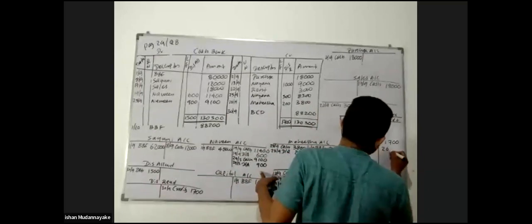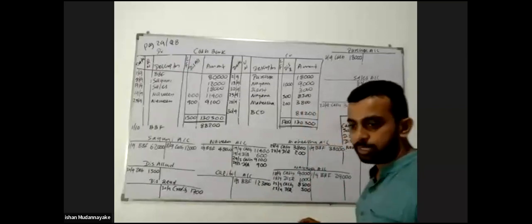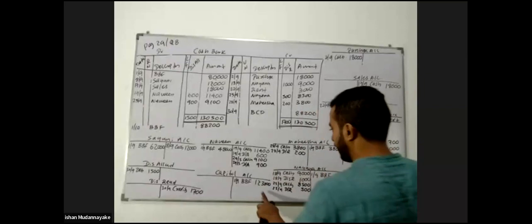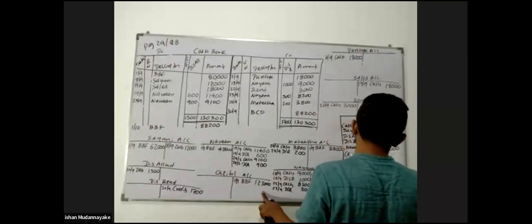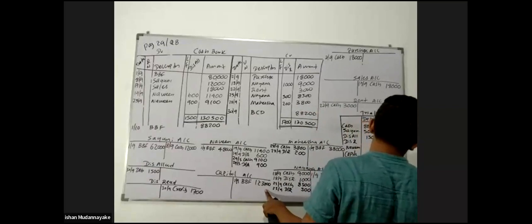You can balance the four ledger accounts. Please check your answer. Naveen closing balance 26,000. Capital account 123,000, capital credit side, balance brought forward.